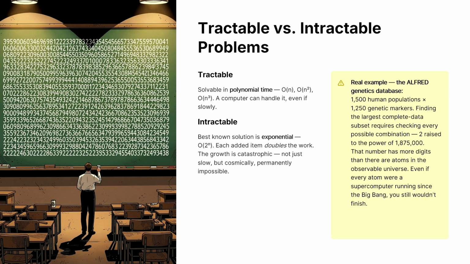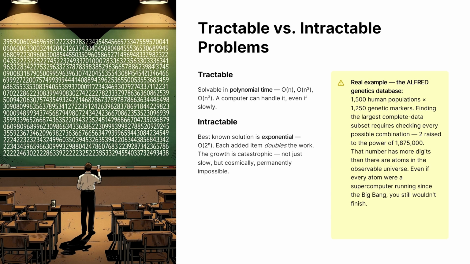The growth is catastrophic. There's a real example from genetics. A database called ALFRED stores data on about 1,500 human populations across 1,250 genetic markers. Researchers want to find the largest subset of populations for which complete data exists. To do that exhaustively, you'd have to check every possible subset.